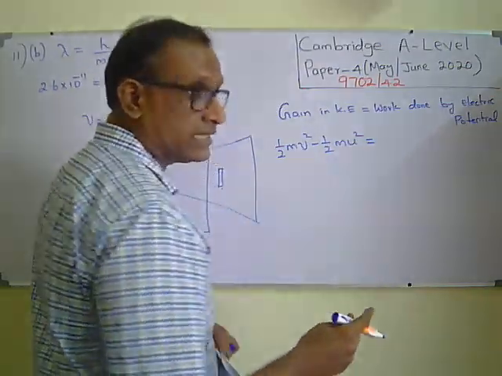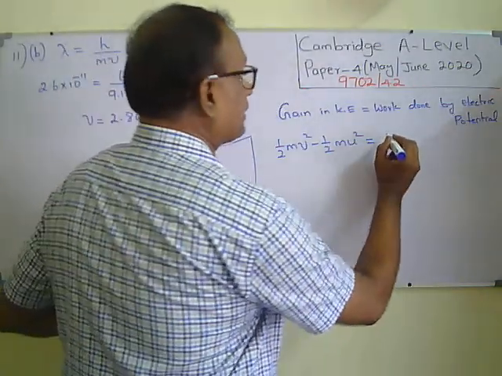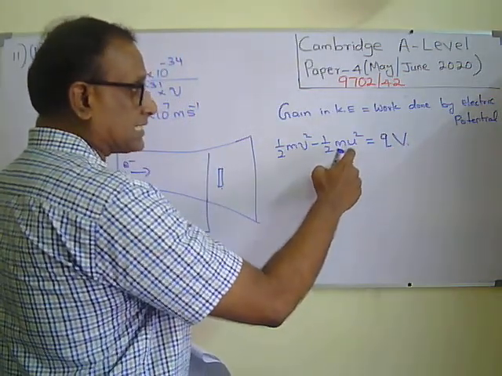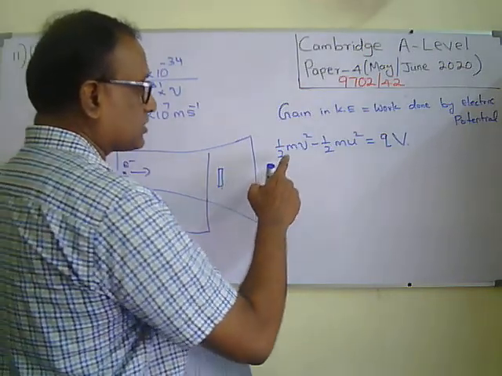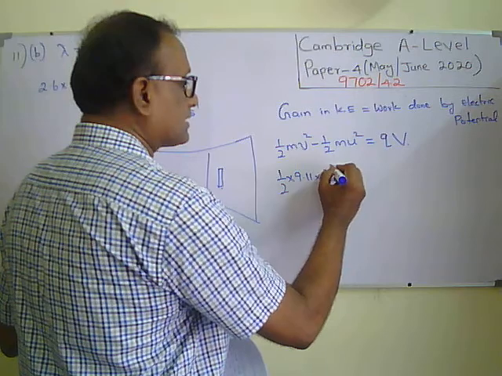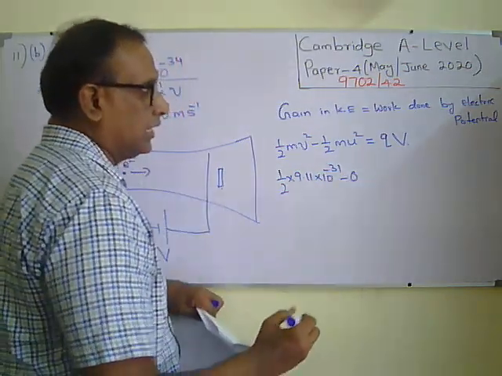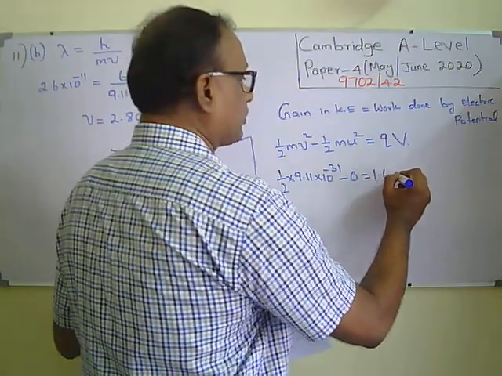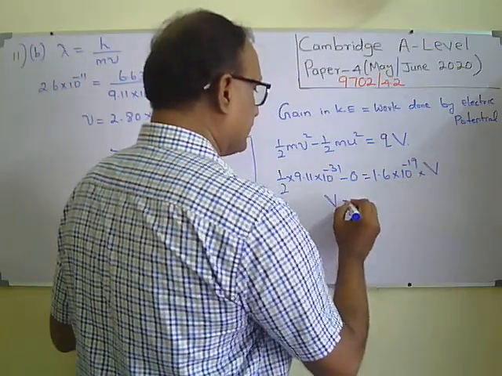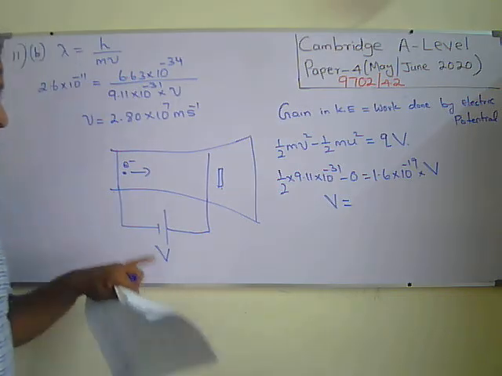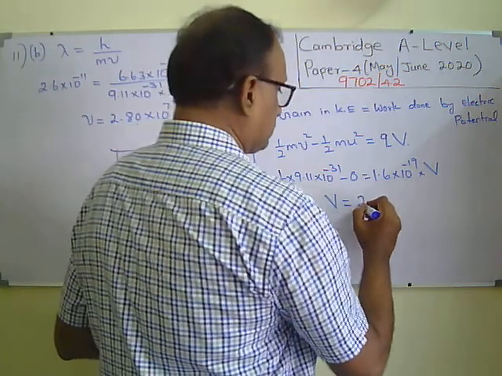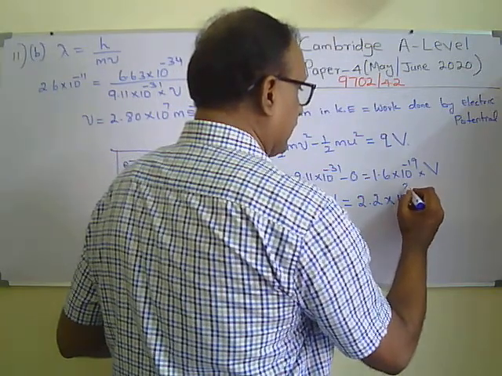The work done is W equals QV, the charge times the potential difference. But we assume the electron starts from rest. So half times 9.11 times 10 to the power minus 31 times v squared, minus 0, equals the charge of an electron 1.6 times 10 to the power minus 19 times V. Find V, that's the voltage required between cathode and anode. That will be 2.2 times 10 to the power 3 volt.